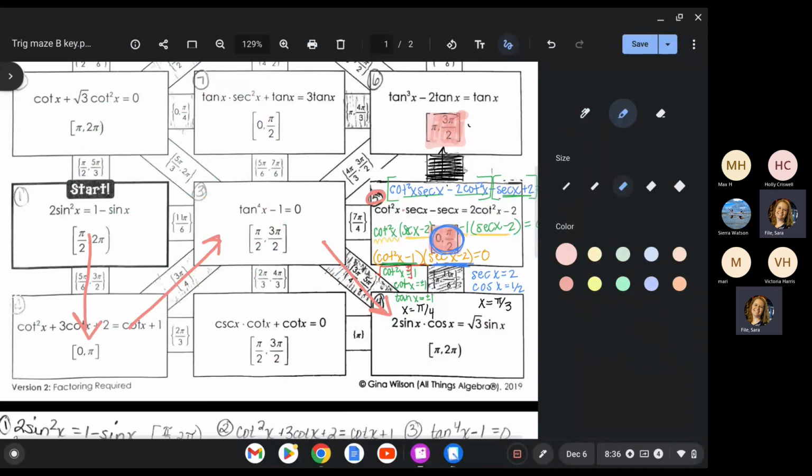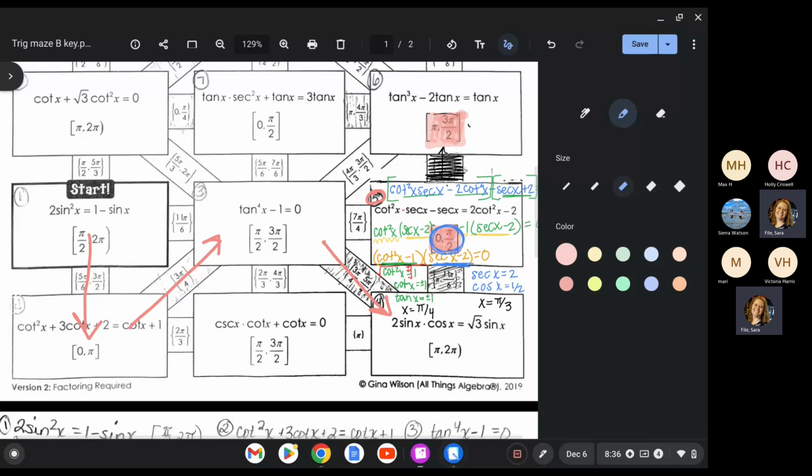So pi to 3 pi halves, what quadrant is that? 3. So we only are going to give solutions from quadrant 3. We're only going to give solutions from pi, and it's a bracket, so we're including pi. So from pi to 3 pi halves, those are the only solutions we want.